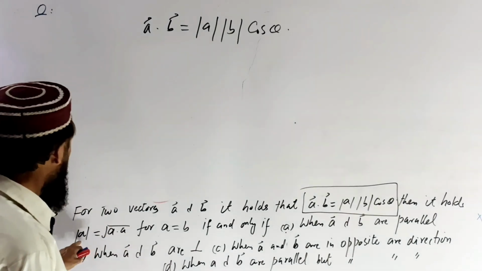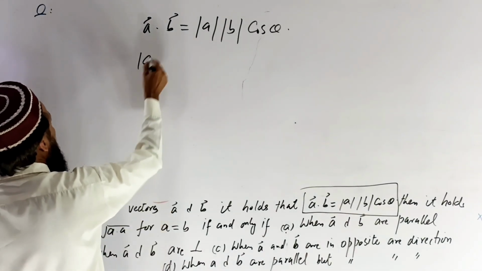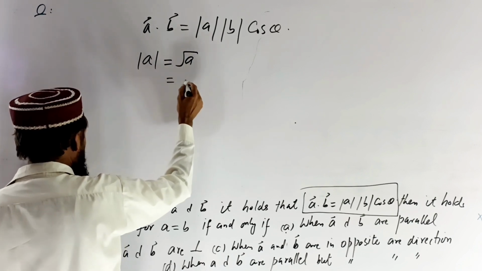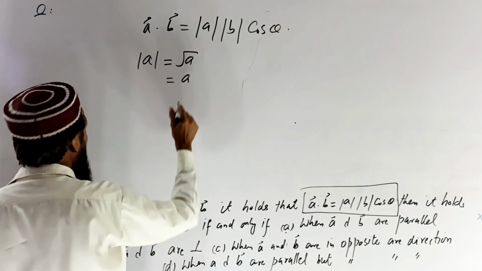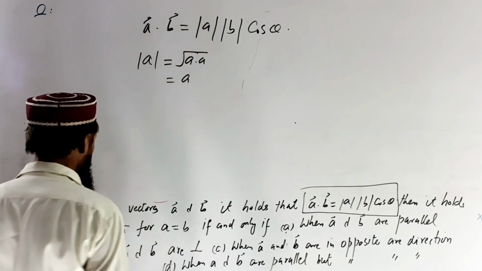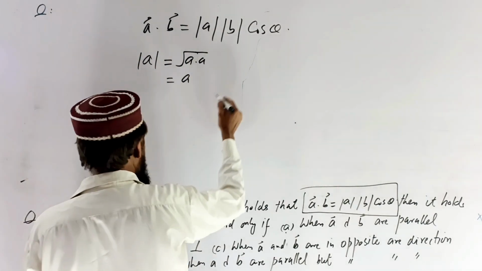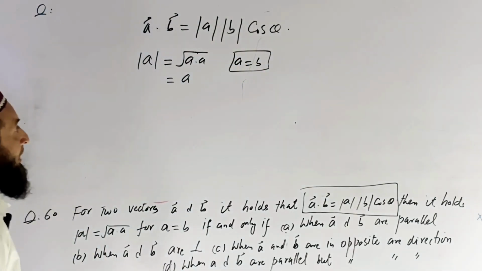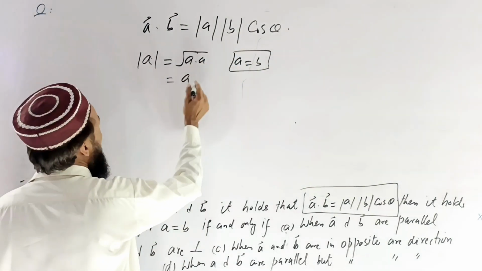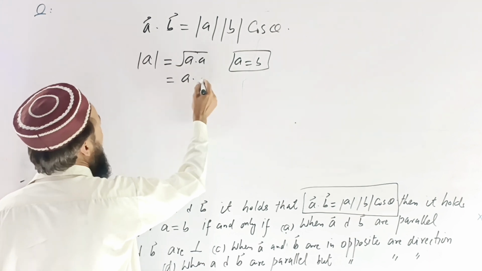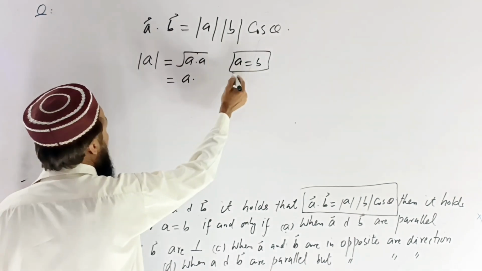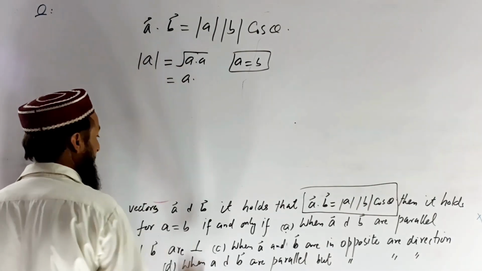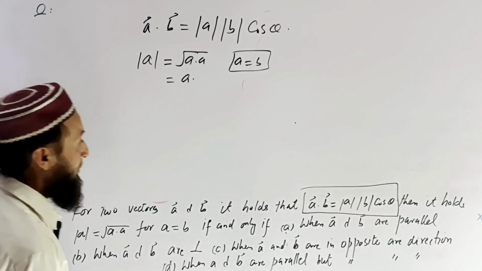The condition is that the magnitude of A is given by the square root of A dot A, for any A. If A is equal to B, then we can write A dot A. So A dot A is equal, and that means that they are parallel to each other.